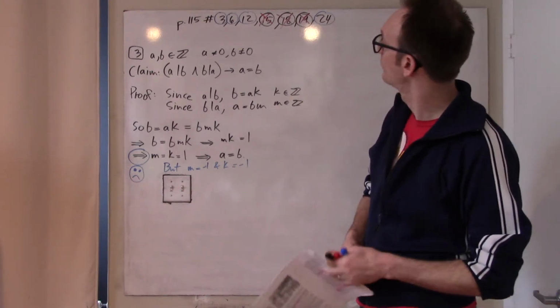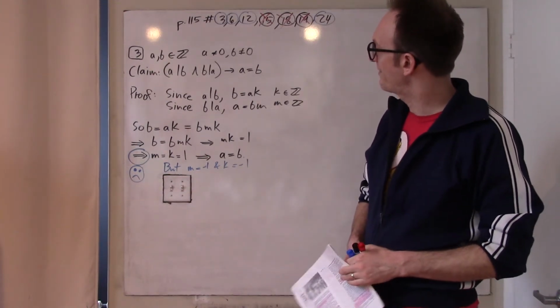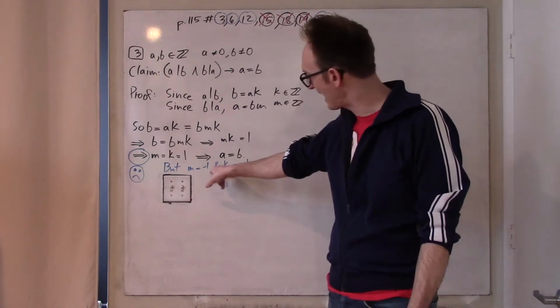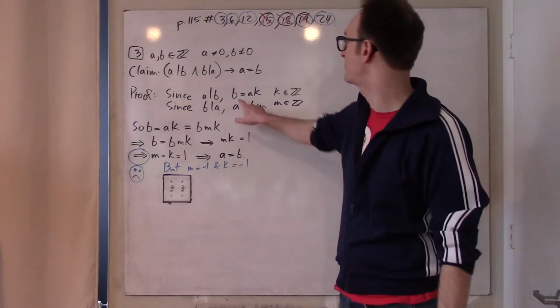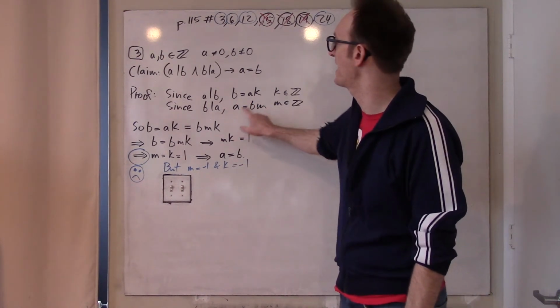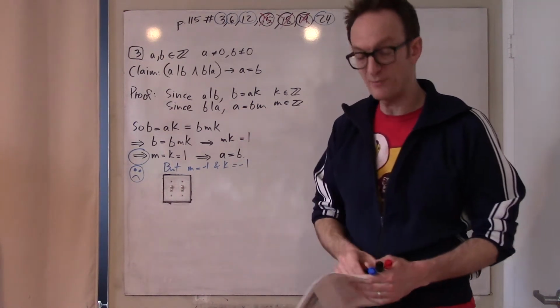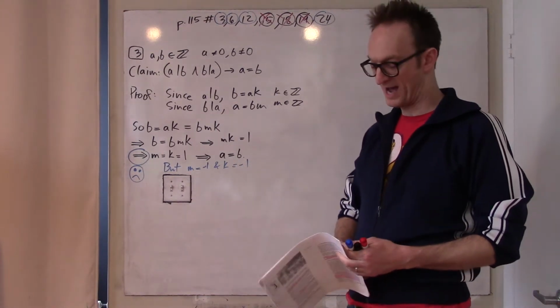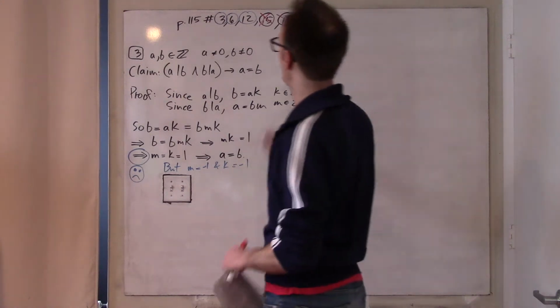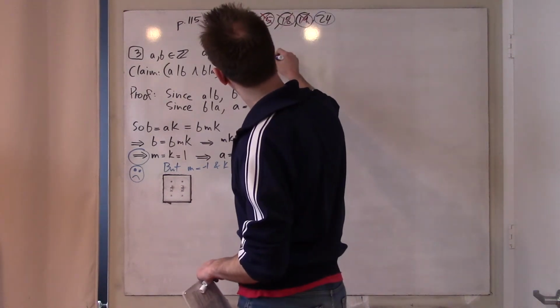That makes me look anew at the theorem, because what does it mean if m and k are -1? It means that B is just -A, and A is just -B. And now that I remember that negative numbers exist, I'm ready to say that this theorem is actually just false.